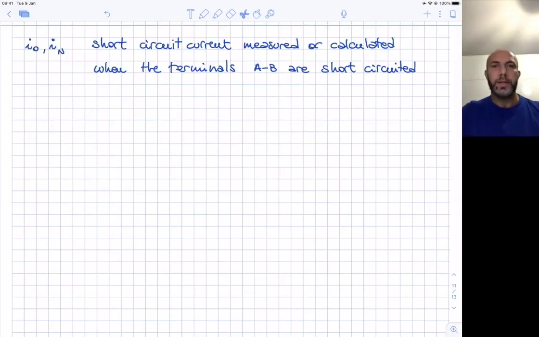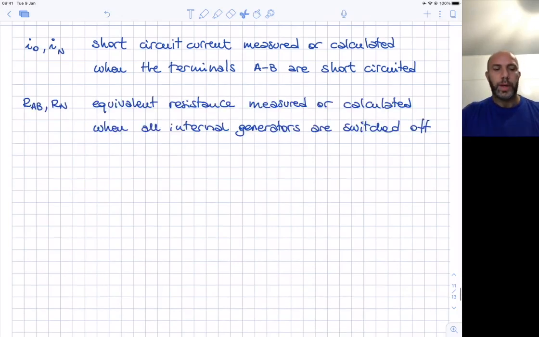To summarize, the current I0, also called IN after the Norton's equivalent, is the short circuit current measured or calculated when the terminals AB are short-circuited, whereas the resistance RAB, also called Rn, is the equivalent resistance measured or calculated when all internal generators are switched off.